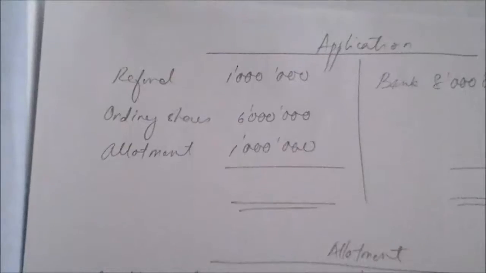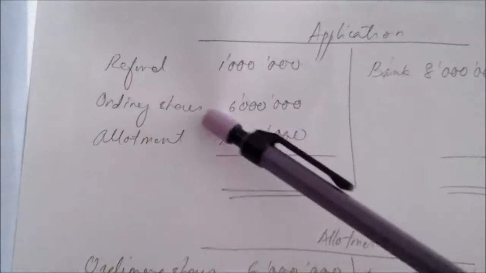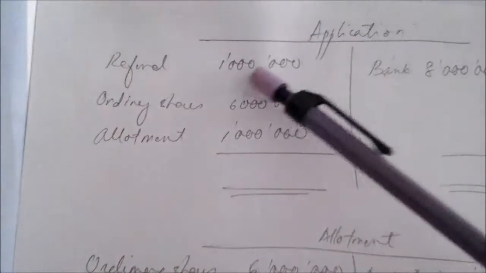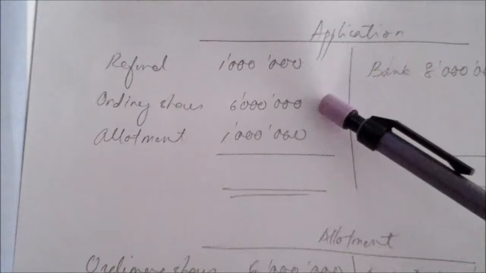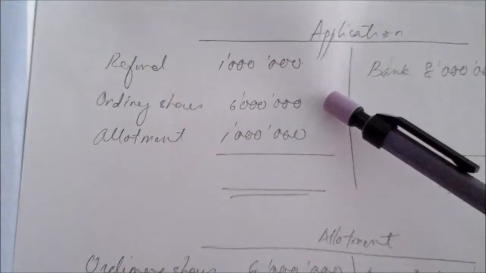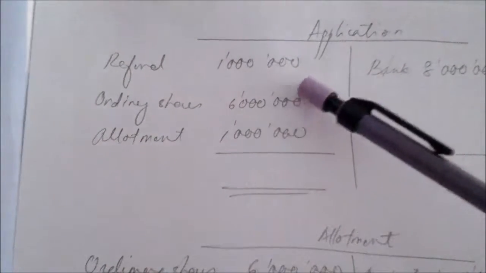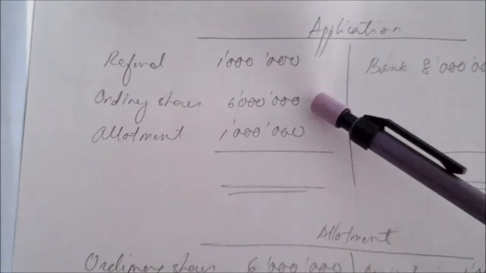And then the successful ones make up 30 million unit shares at 20 cents. These are the ones that are successful, so we will transfer this to the ordinary shares.